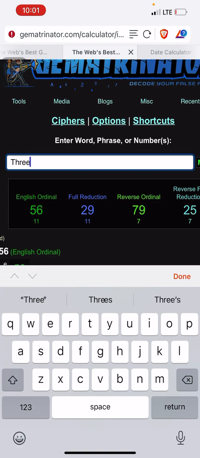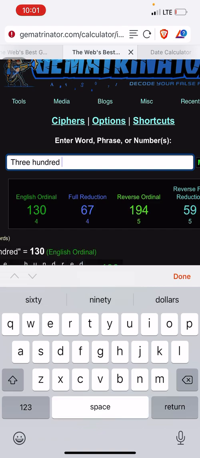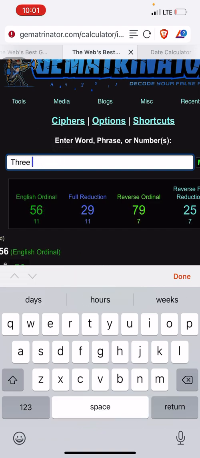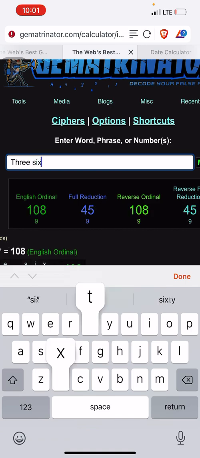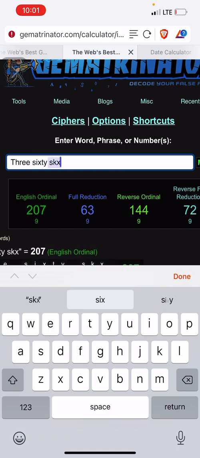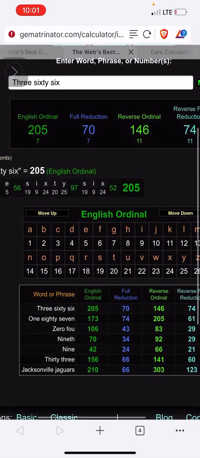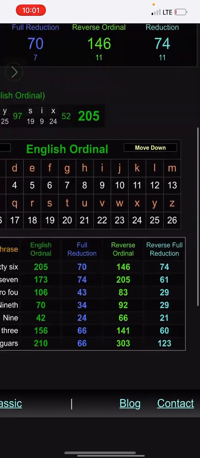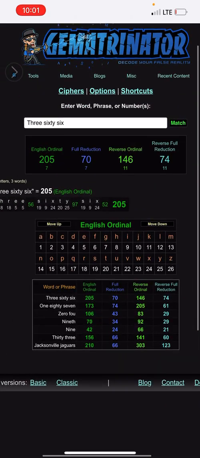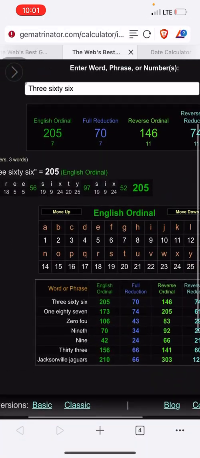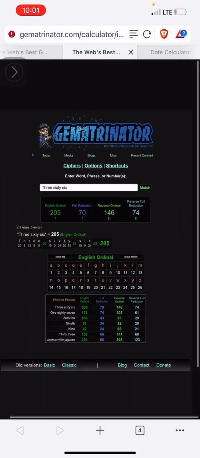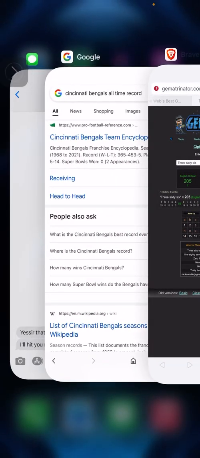So 366, right? Yep, so 366 is 205, and 187 sums to 205 in the reverse cipher. So 366 in the most simple cipher is 205, and you see how it comes together?